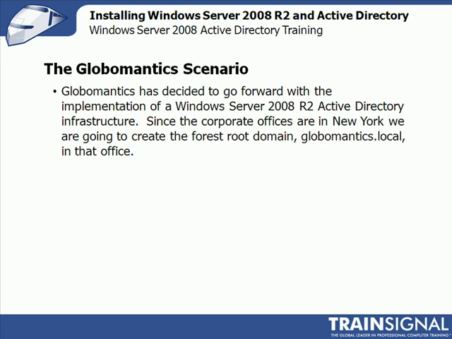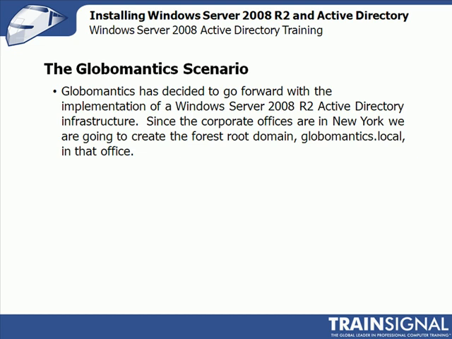So to get things started here, GlobalMantic has decided to go forward with the implementation of a Windows Server 2008 R2 Active Directory infrastructure. Since the corporate offices are in New York, that's where we're going to create the Forest Root domain. And the name of this domain is going to be globalmantic.local.